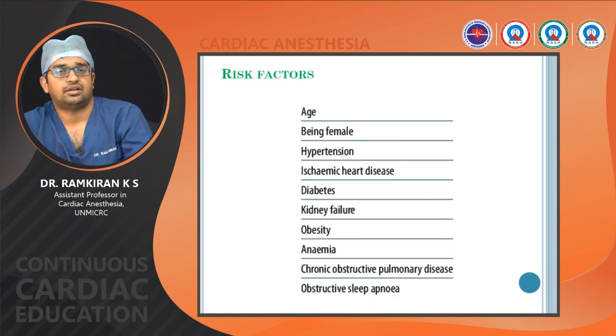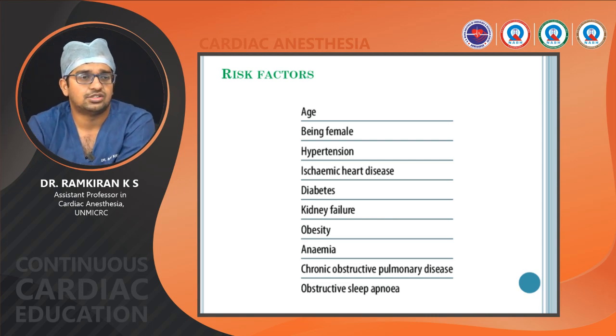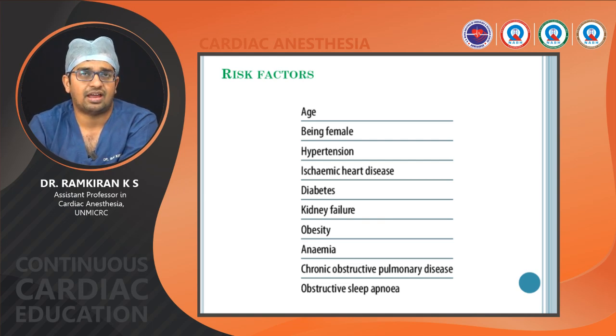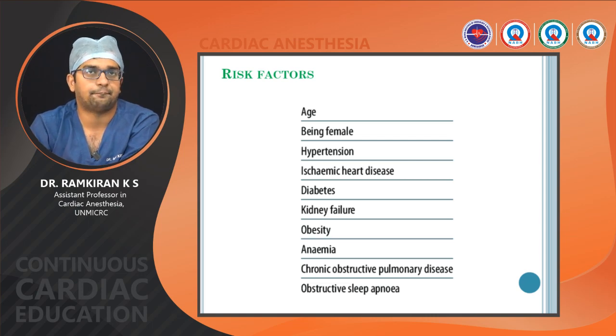And now coming to the perioperative aspects, what all things we have to consider during the perioperative period, that is the risk factors. We have to consider risk factors like age, female sex, hypertension, ischemic heart disease, diabetes, obesity, patients with COPD, and the other important thing which is coming up significantly is obstructive sleep apnea; those patients mostly will have an underlying diastolic dysfunction, so they should be thoroughly evaluated.